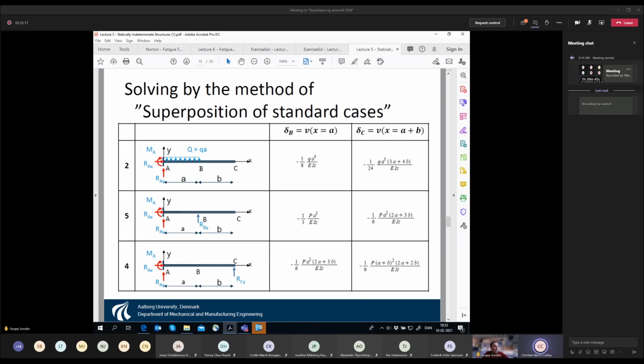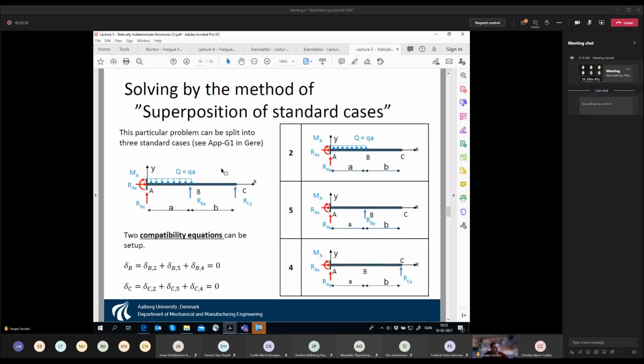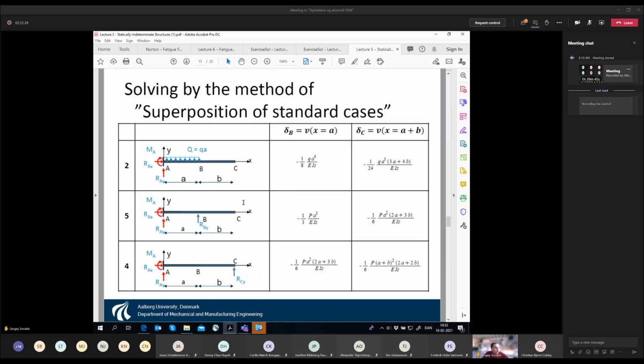So point B in the assembled system has displacement due to Q, RB, and RC. Then you consult this table, and you see that the displacement of point B due to the action of Q is this amount. Due to the action of force RBy it is this amount, and here all you have to do is replace letter P with letter RBy, and the same goes for the third one.